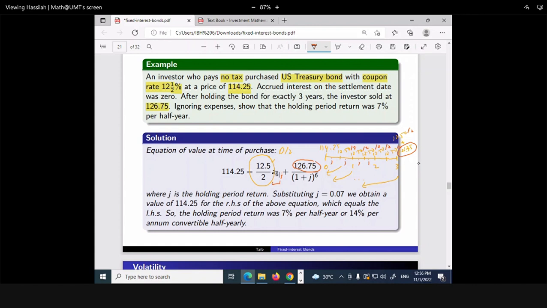Kalau you boleh draw macam ni dan tanda kat mana tempat-tempat dia, you boleh come out dengan formula ni, then you plug in J tu, you dapat 114.25 sen. Dia memenuhi nilai harga bond yang dibeli oleh investor tadi. So 7% ni adalah per half year.